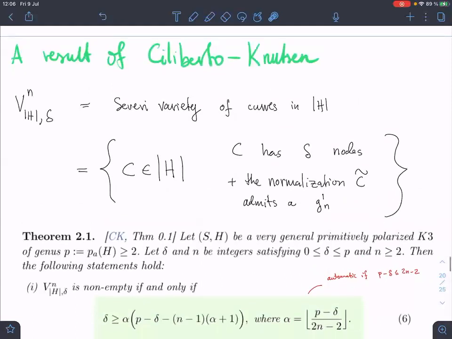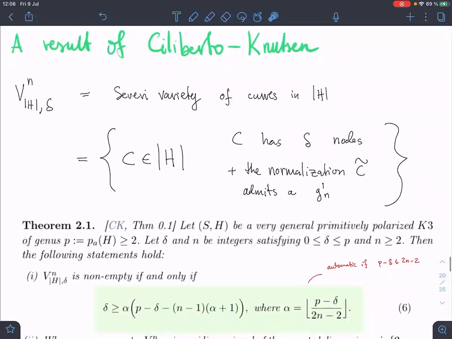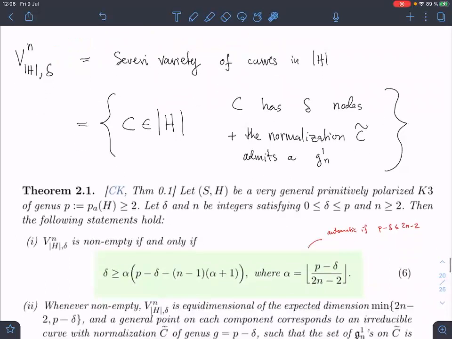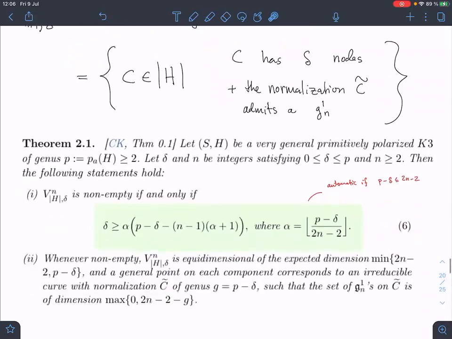So there's a lot of literature on the Brill-Noether theory of curves on K3 surfaces that we're using. In particular, we heavily rely on this result of Giliberto and Knudsen, saying that the curves we want do exist.